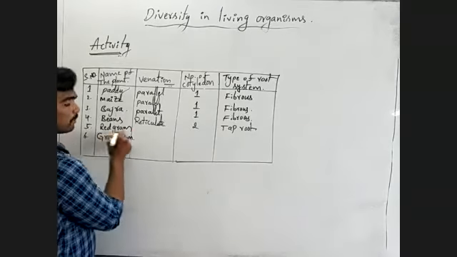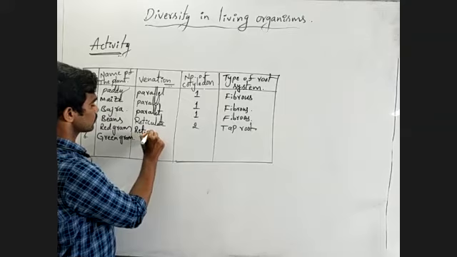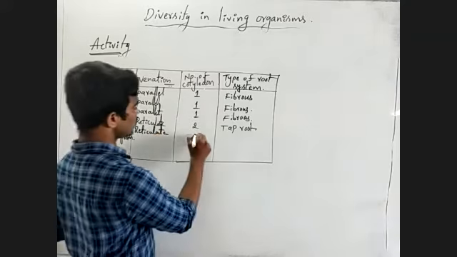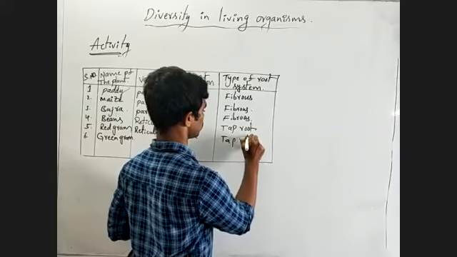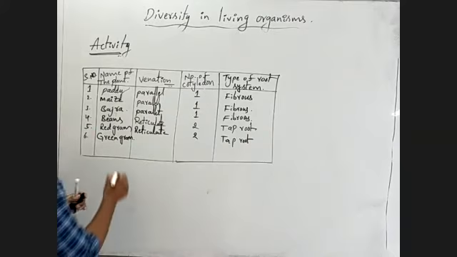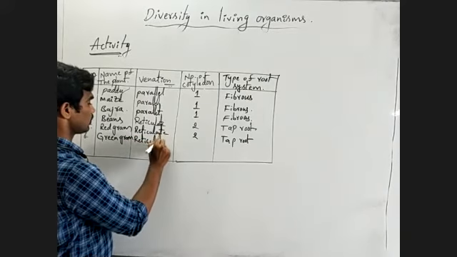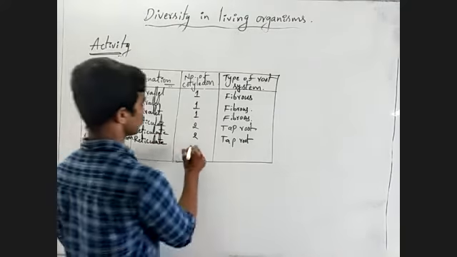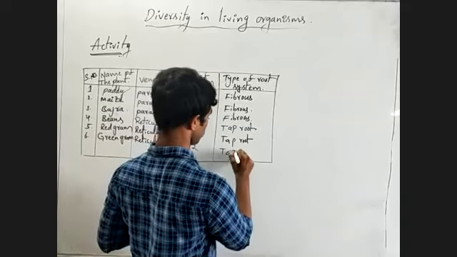Next, red gram: reticulate venation, cotyledons 2, taproot system. Green gram also has reticulate venation, cotyledons 2, taproot system.